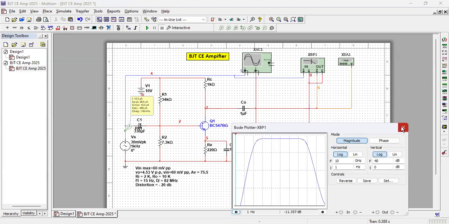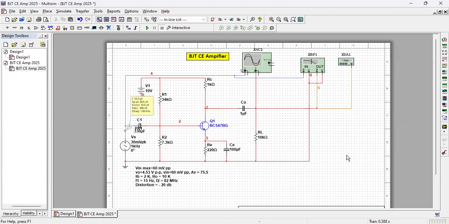So this analysis of this amplifier we have done, and what we have found really, I removed this probe also, it makes it look clumsy, that maximum input that you can give is 60 millivolt peak to peak, and our output voltage at that time is 4.53 volt peak to peak, and input is 60 millivolt peak to peak, and gain is 75. Input impedance of this amplifier is 2K, output impedance is 10K.